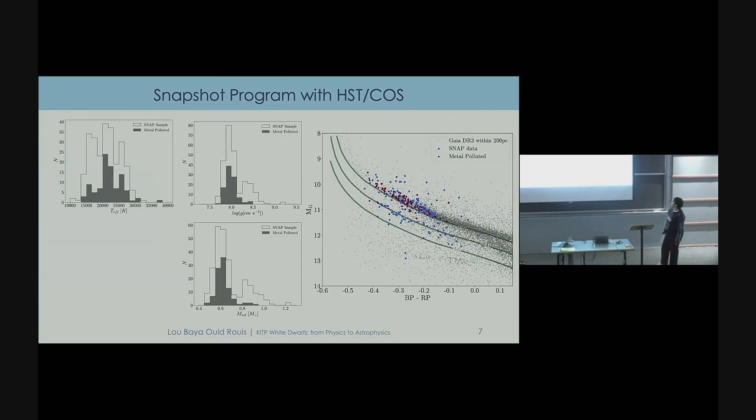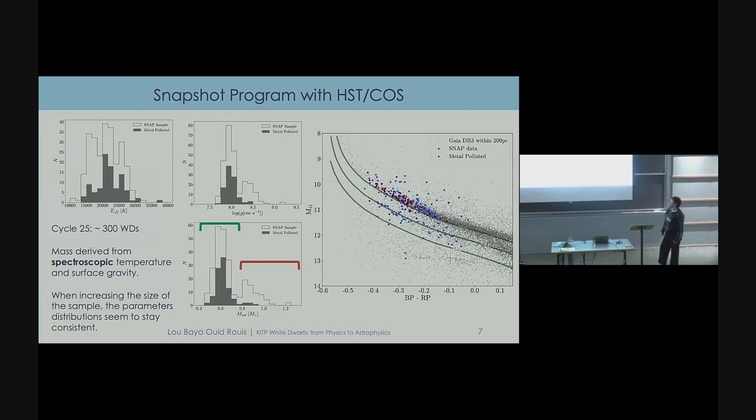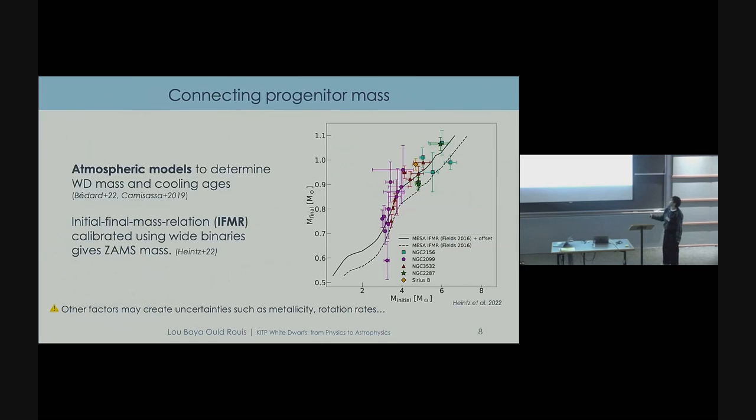So this is about 300 stars, and I'm highlighting the same sort of mass ranges here because though we've really increased the sample, you might notice that the distributions look very similar. But we need to look at the progenitor mass to make sure of that. And so what I did to look at the progenitor mass is a pretty standard method of deriving white dwarf mass from atmospheric models.